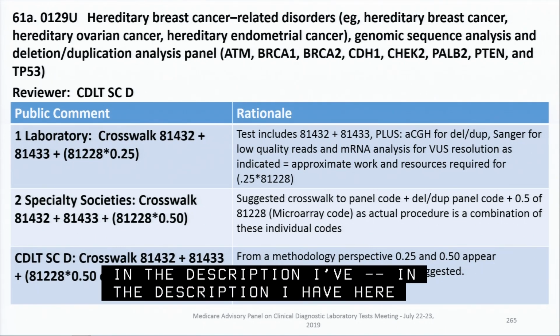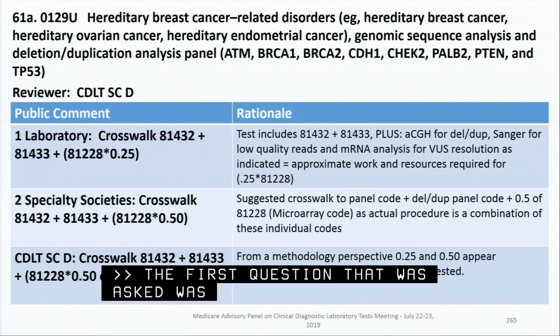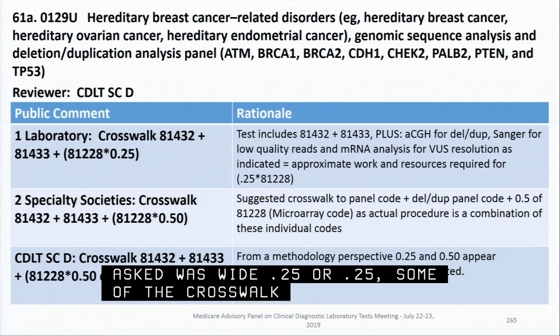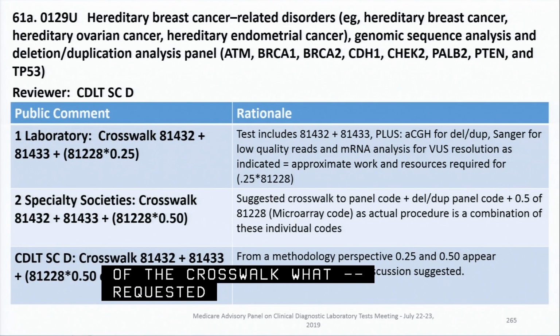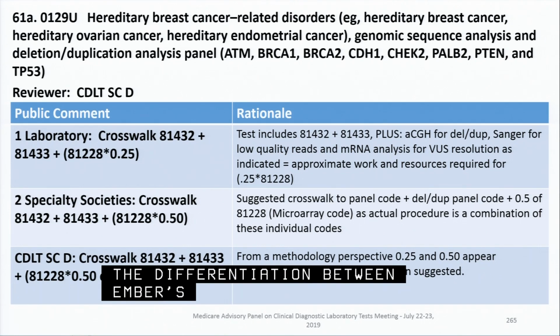Good question, Dr. Lyon. There are a handful of panels that have been requested that we'll be reviewing. The first question that was asked was why 0.25 or 0.5. Some of the crosswalk requests that we had recommended a 0.25, some a 0.5. The differentiation between the two from Ambry's perspective was the inclusion of PMS2, which requires MLPA analysis 100% of the time.